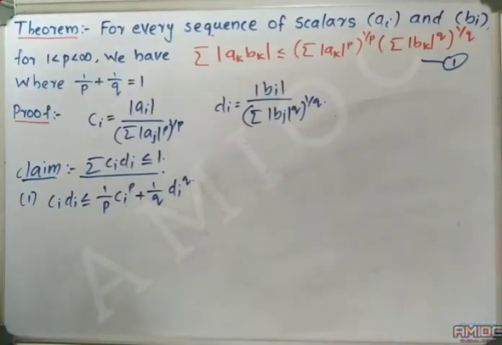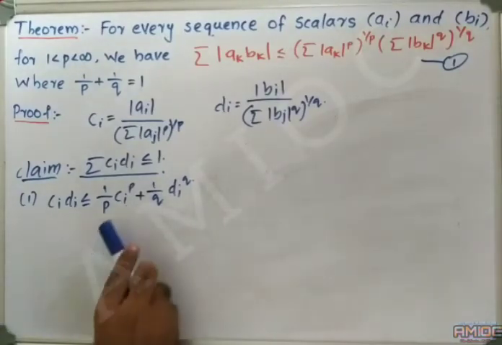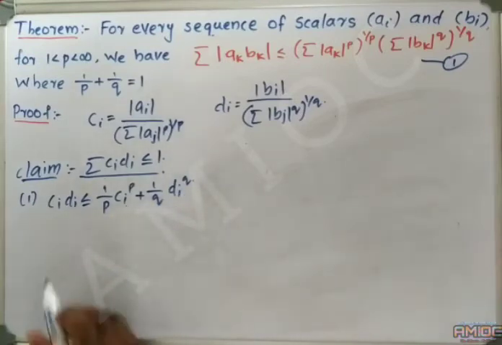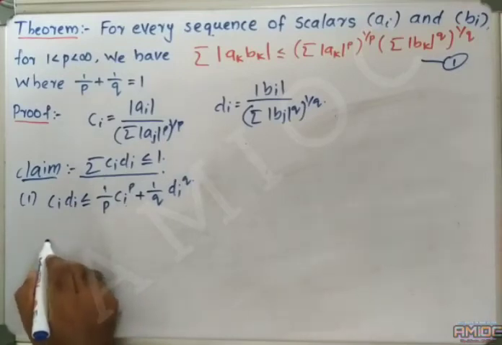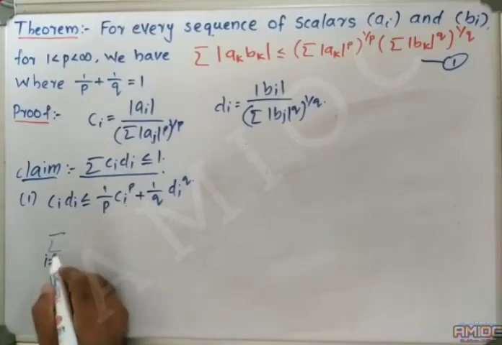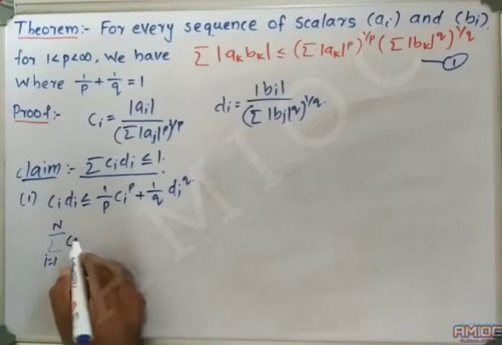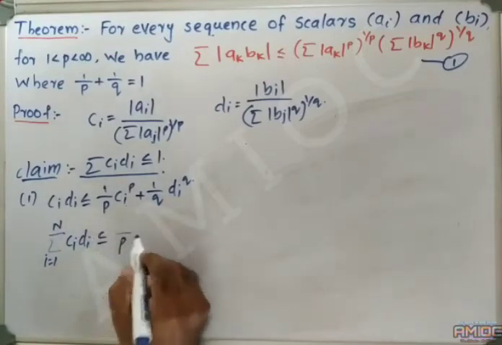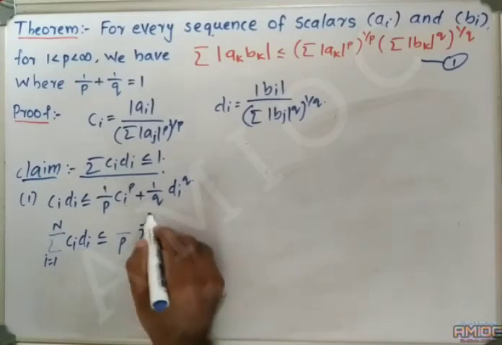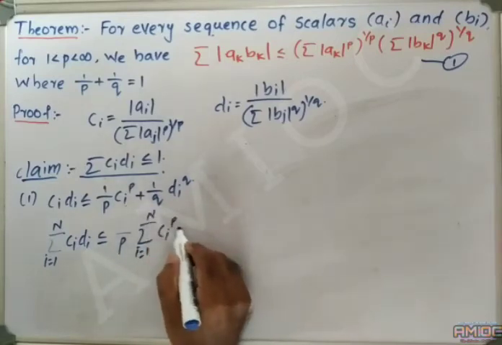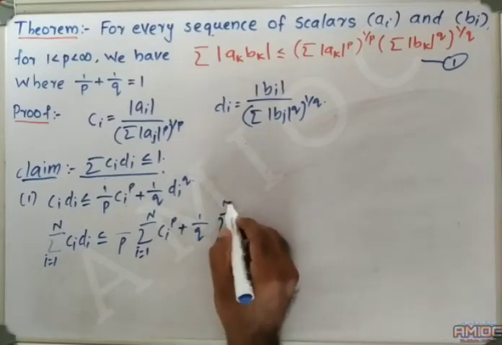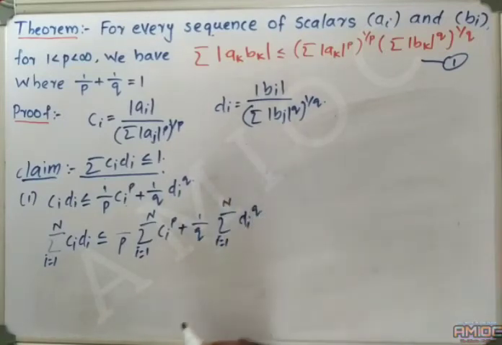So we get that ci di is less than or equal to 1 by p ci power p plus 1 by q di power q. Then the summation i from 1 to n of ci di is less than or equal to 1 by p summation i from 1 to n of ci power p plus 1 by q summation i from 1 to n of di power q.